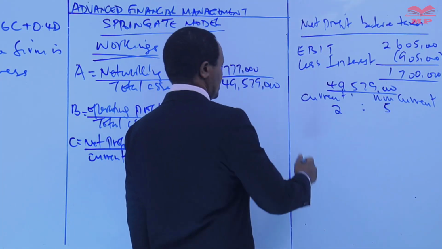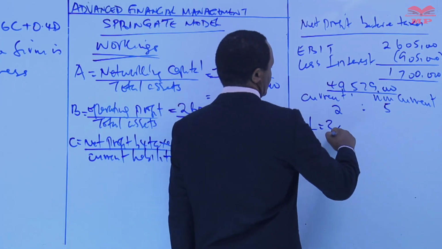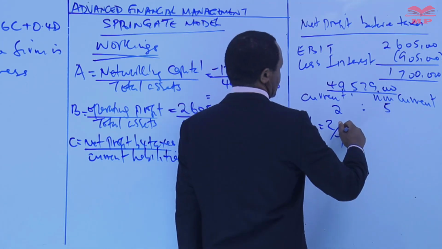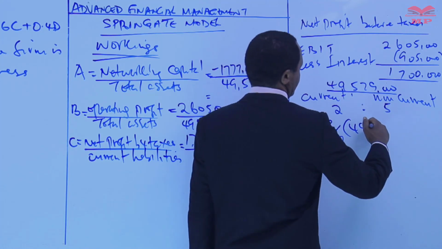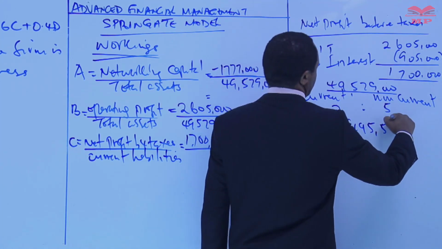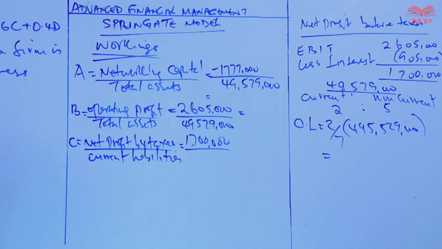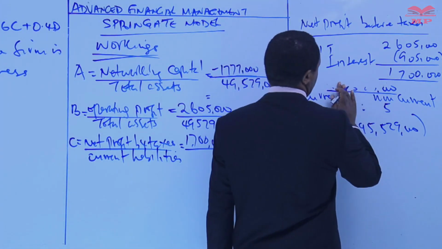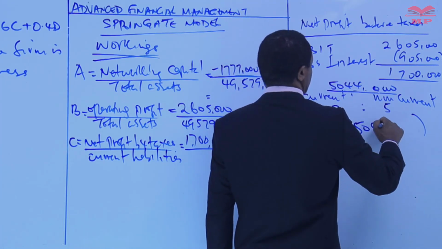So for current liabilities, just as John says, it will be 2 over 7, the total, times 5044.